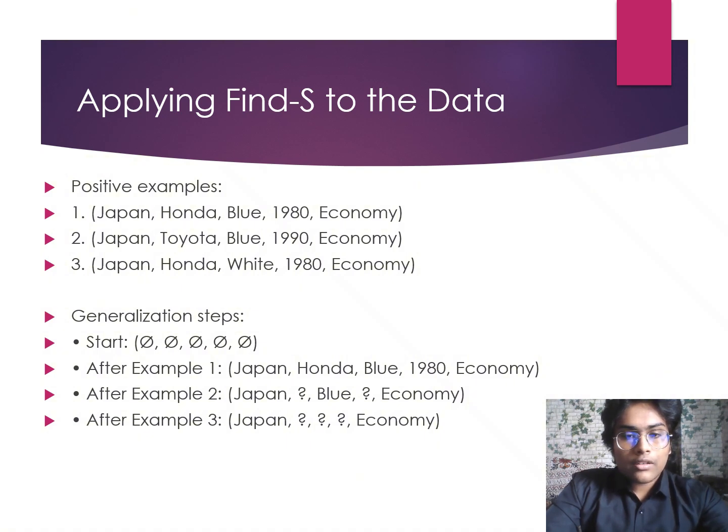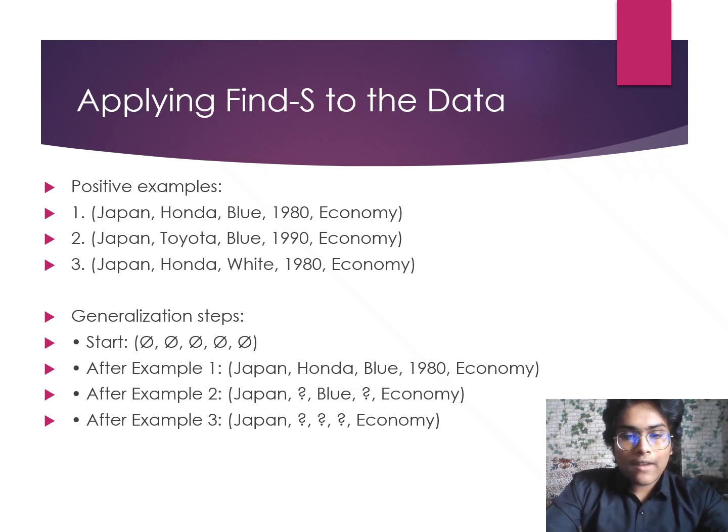Toyota does not match Honda, so we take a question mark. Blue matches blue, so we take blue. 1990 does not match 1980, so we use a question mark. Economy matches economy, so we take it. So this is the hypothesis after the first iteration.